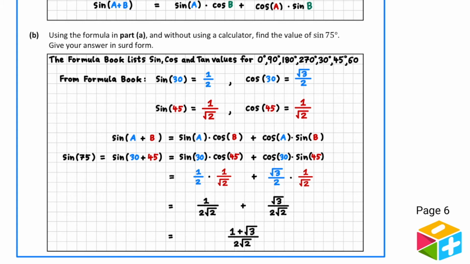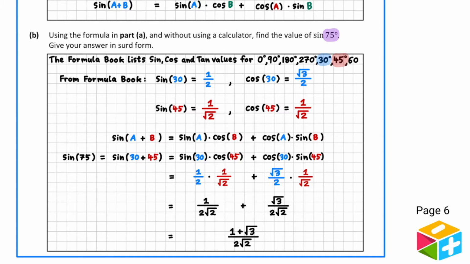The target angle, 75 degrees, can be written as a sum of two of these. 75 is equal to 30 plus 45. Hence, we can rewrite the sine of 75 as sine of 30 plus 45.